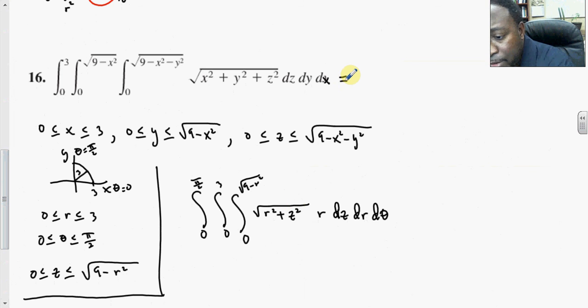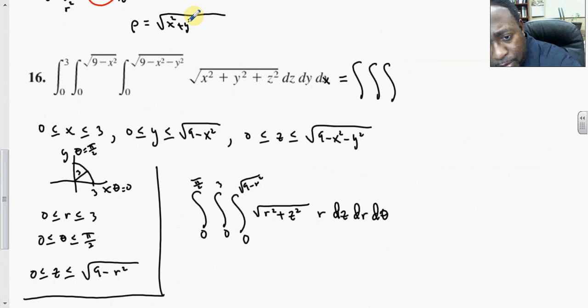See if I can write the spherical here. We have these 3 integrals. Here, this square root of x squared plus y squared plus z squared, isn't that equal to rho? So this is rho.